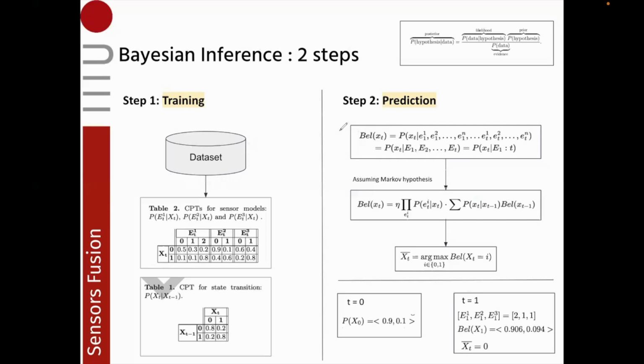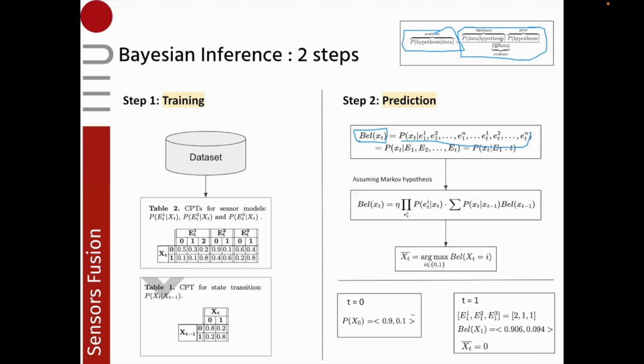First of all, in the previous slide, we defined the belief function, which we said we want to maximize as a posterior probability in order to find the best value of the state x of t. If you remember the first slide on Bayesian inference, we said that the Bayes formula is the likelihood multiplied by the prior divided by the evidence.